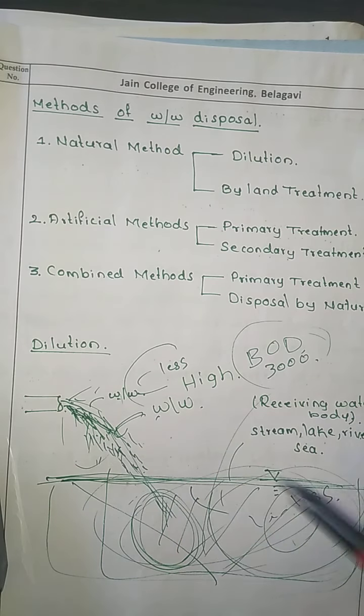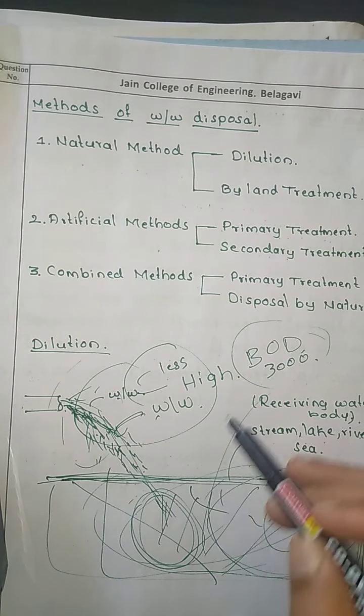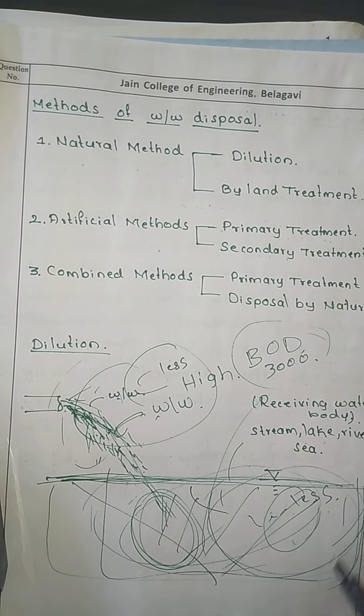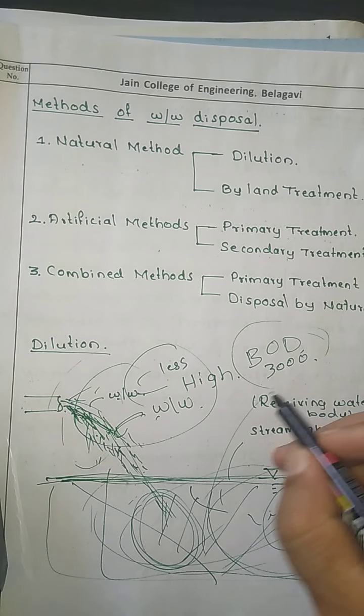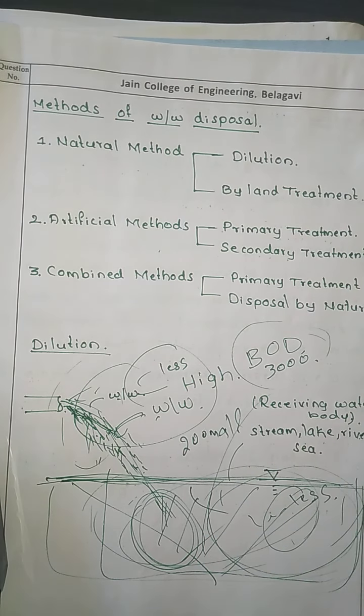When a small quantity of wastewater reaches a large quantity of receiving water body, the concentration of the wastewater is going to get reduced. Instead of 3000 over here, it may reduce to 200 mg per liter of BOD after mixing.